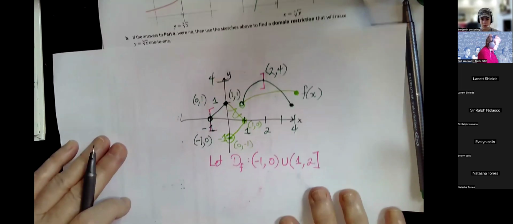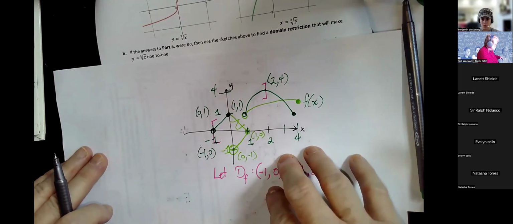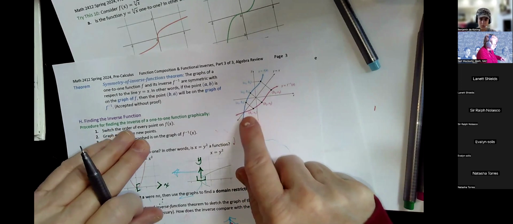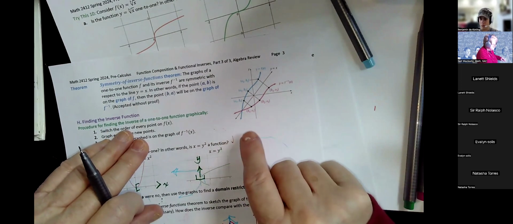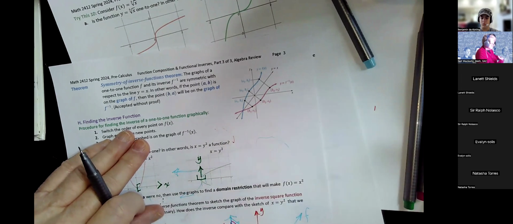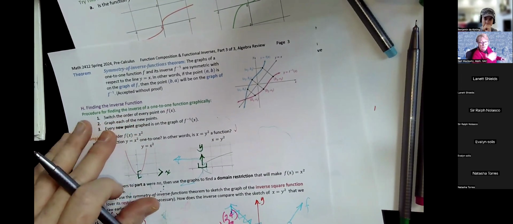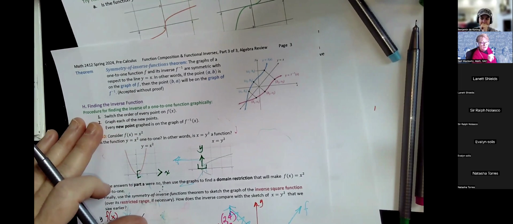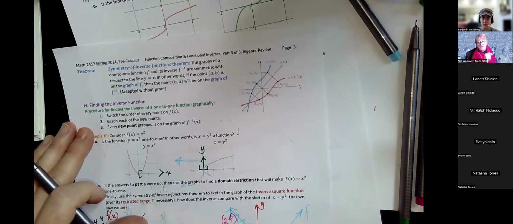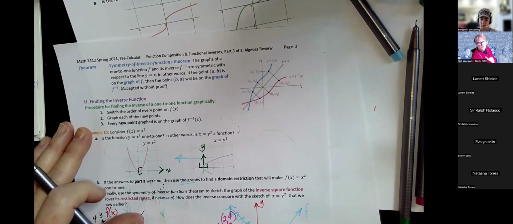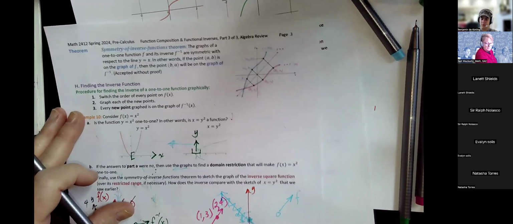Oh, I was just going to say, the power of this theorem is that you don't have to know what the function is to write an image of its inverse. You can sketch where you want the function to stay defined and what its inverse will look like, even if you don't know the function at all.